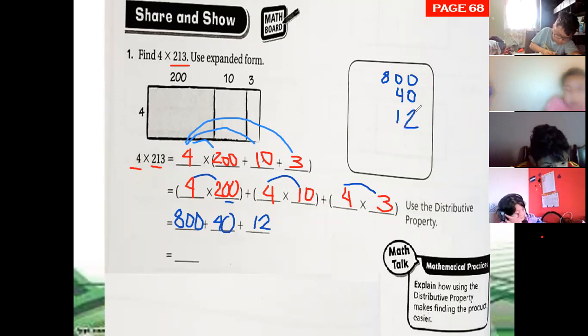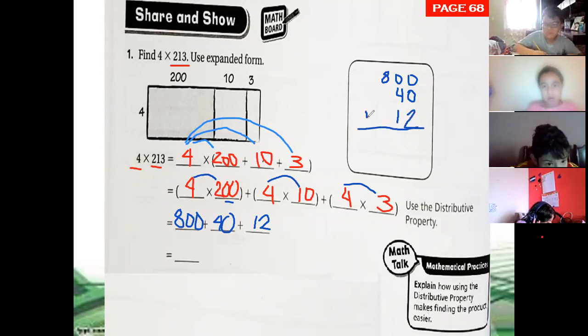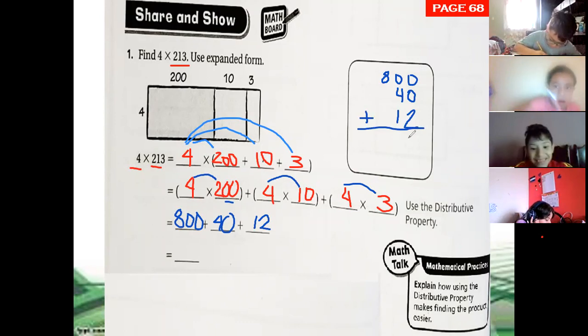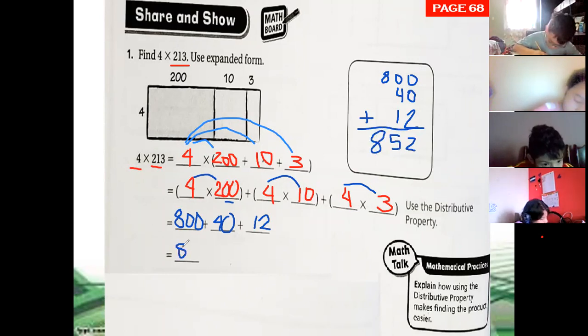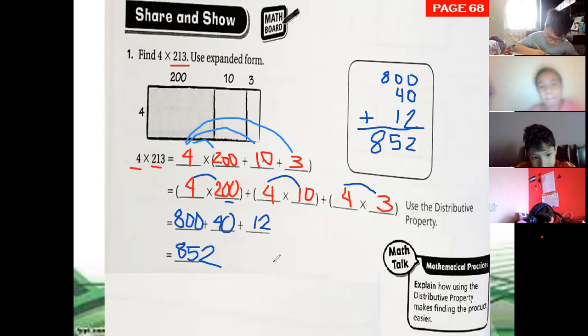Then we cross plus. This is 2, 5, and 8. So here it is, 852.